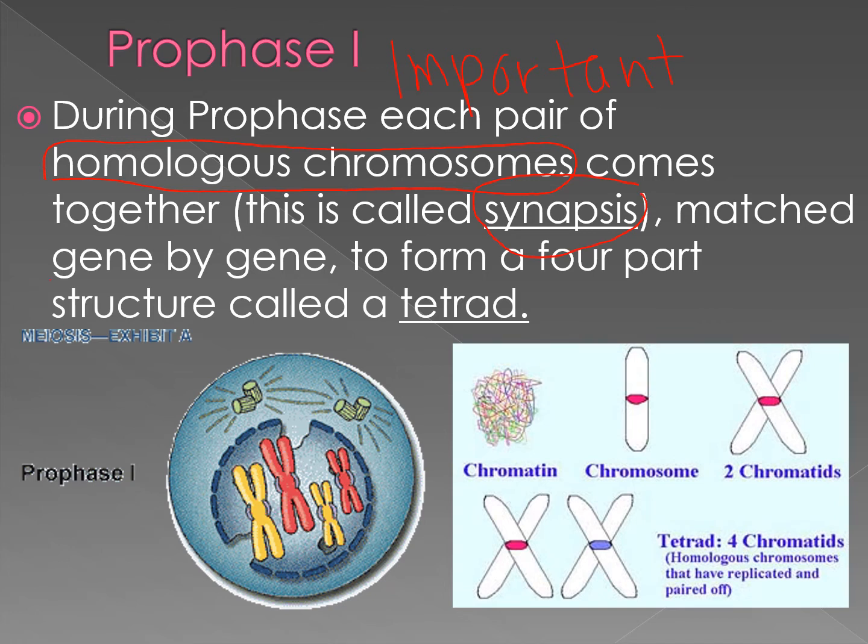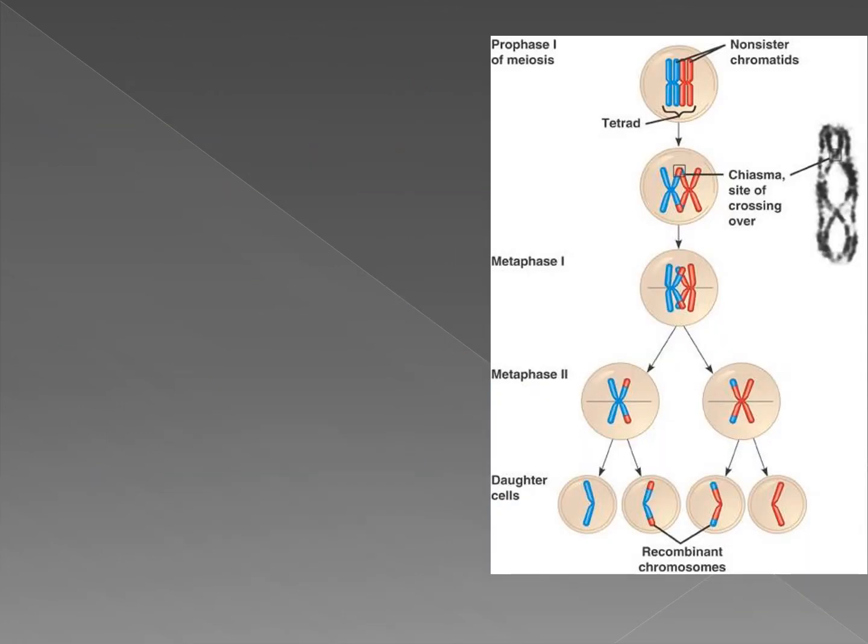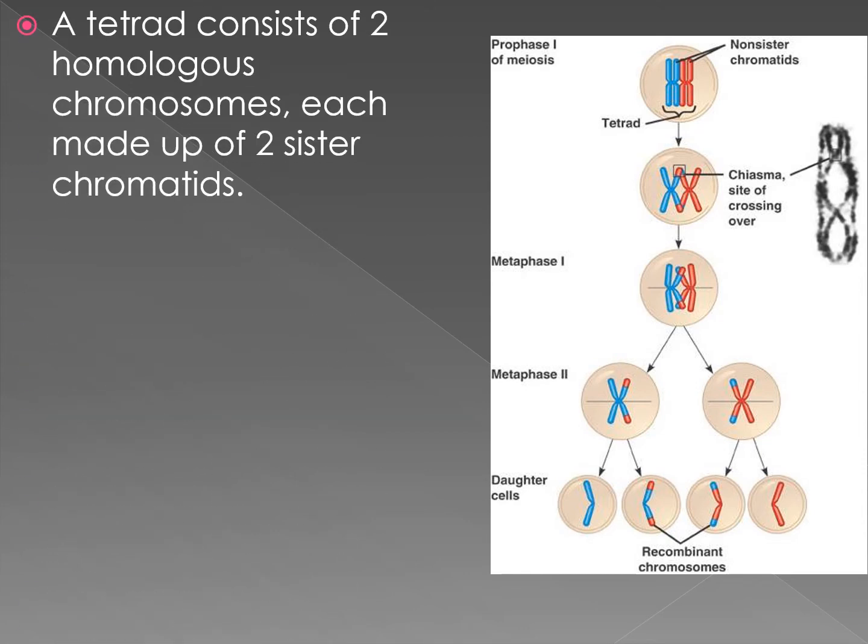This is matched gene by gene, and the alleles. They form a four-part structure called a tetrad. So homologous chromosomes come together, that's called synapsis, and they make a four-part structure called a tetrad. So here is the tetrad. See how the two chromosomes, let's just say red is mom and blue is dad.